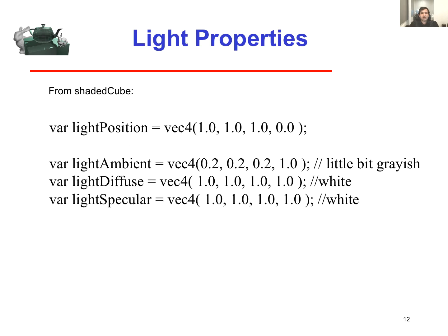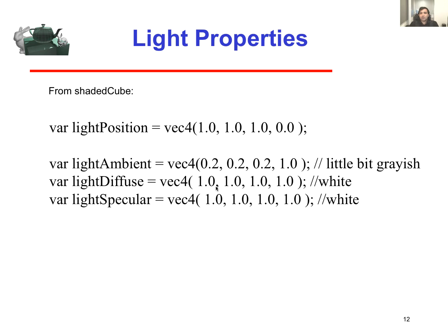The light source properties are straightforward. We need to specify the position of the light source, here 1, 1, 1, and the red, green, and blue components of the light source for ambient, diffuse, and specular parts. These parameters have actually been used in the Shaded Cube project. Here the specular and the diffuse components are the same.